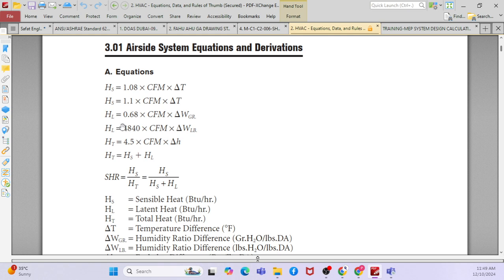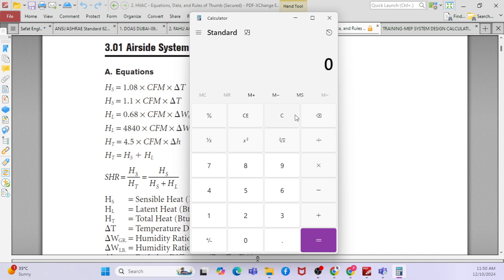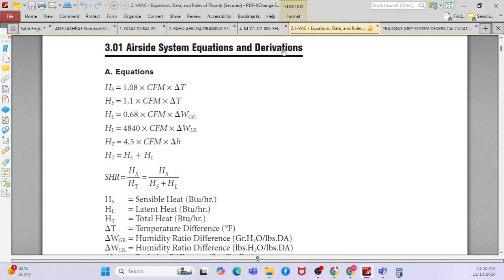This is the humidity ratio where you can see grains and pounds. LB is nothing but pound. 7,120 grains is nothing but 1 pound, and 4840 divided by 0.68 gives about 7,120.